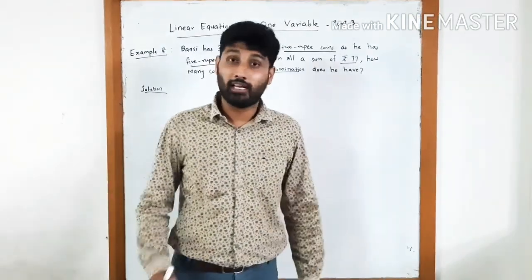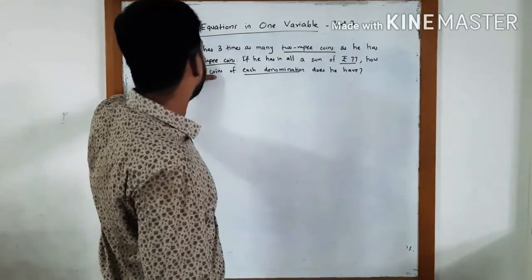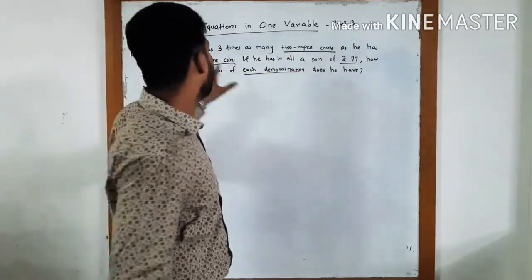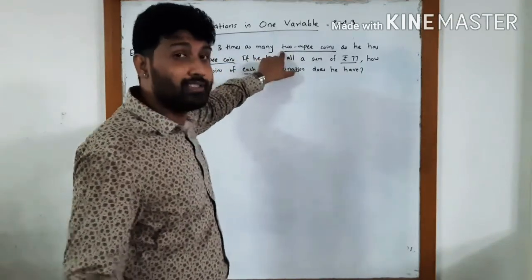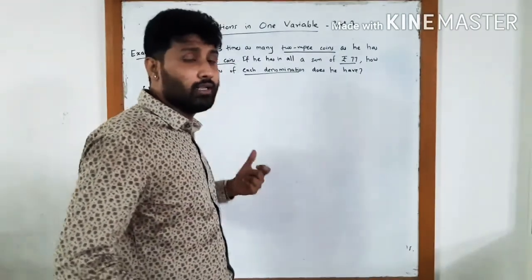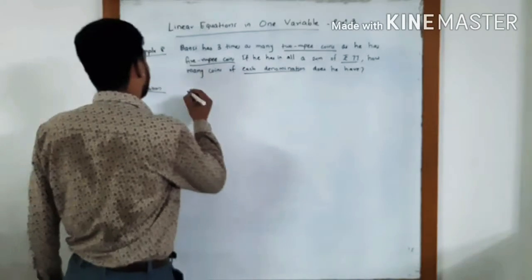Let's begin. So if you see, we have been given that Bansi has 3 times as many 2 rupee coins as he has 5 rupee coins. So the number of 2 rupee coins is dependent on the number of 5 rupee coins. So let us take the variable for 5 rupee coins.